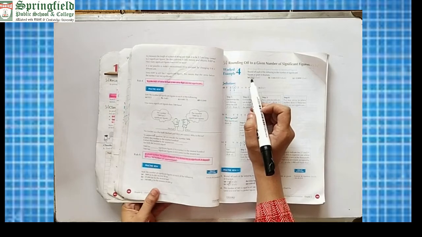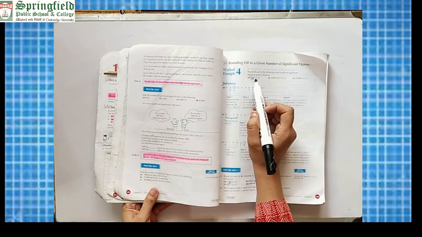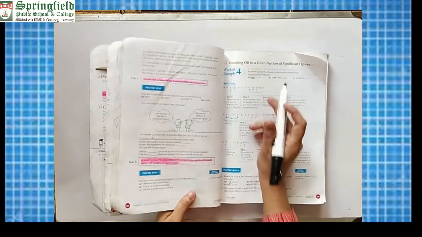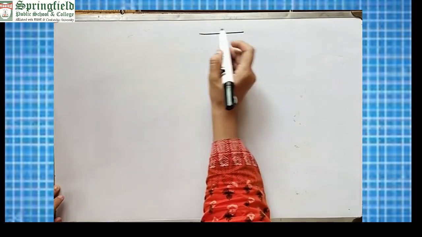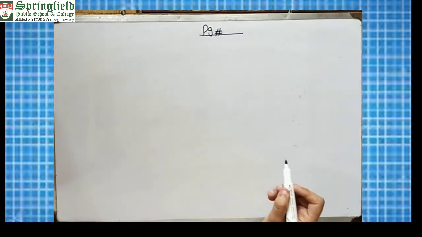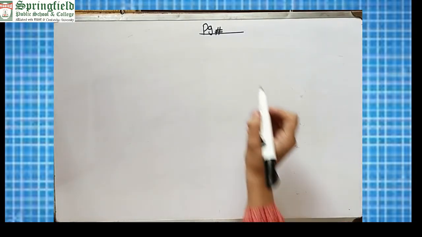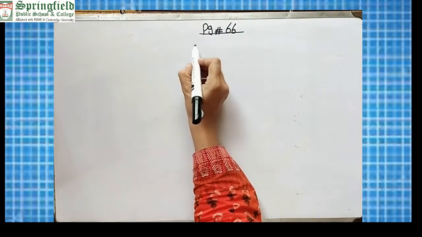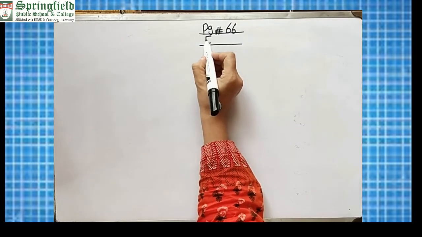Fine. A number is 8982 and they are saying round off this number to 2 significant figures. So how can we do this question?